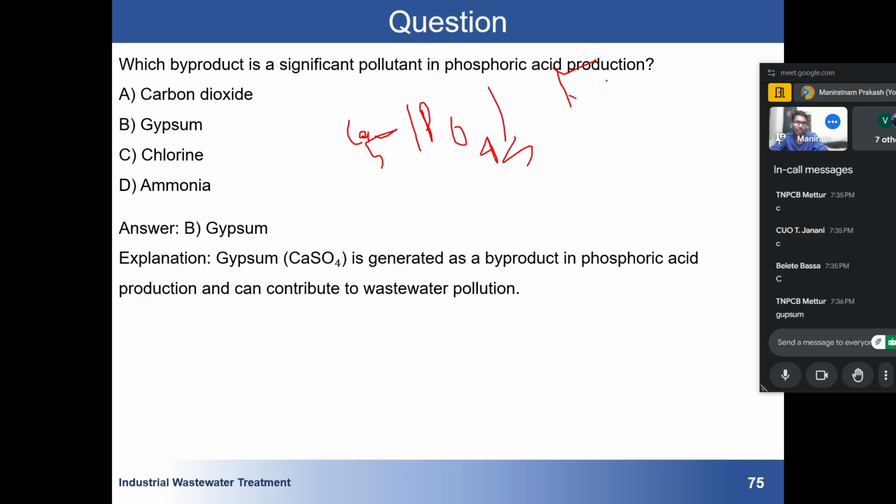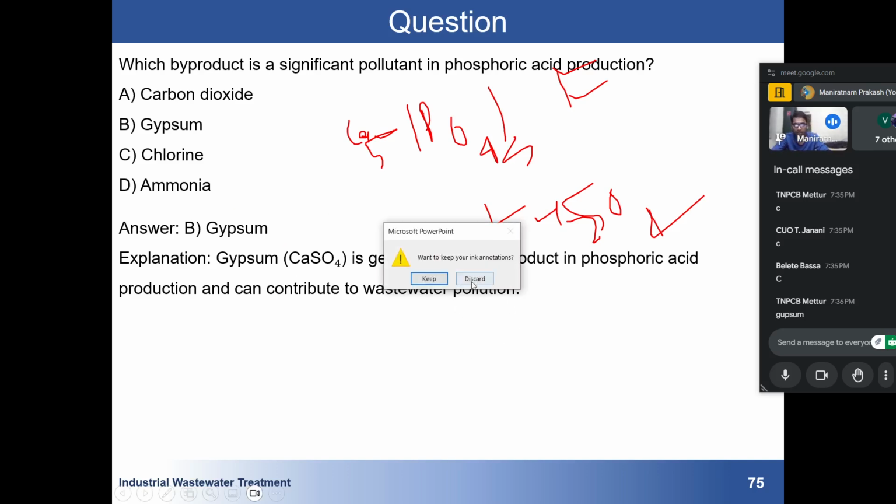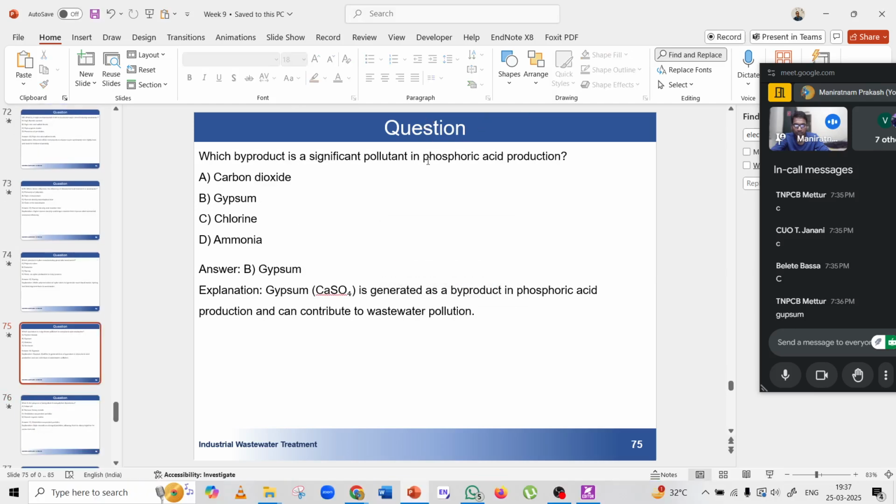Now it is dissolved in sulfuric acid, that is H2SO4. What will happen is that this calcium and sulfate will react and form gypsum. So this is a byproduct also. This thing is also, I think, in your notes.